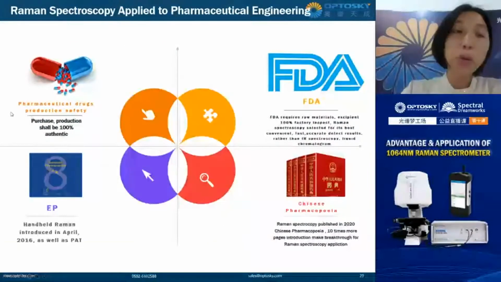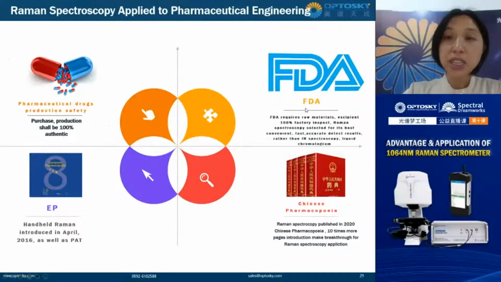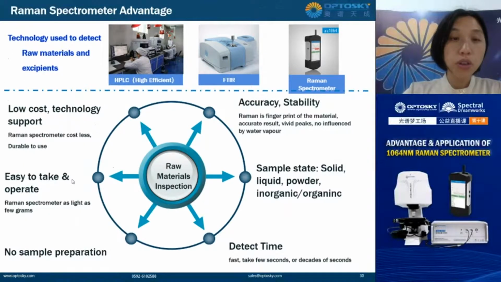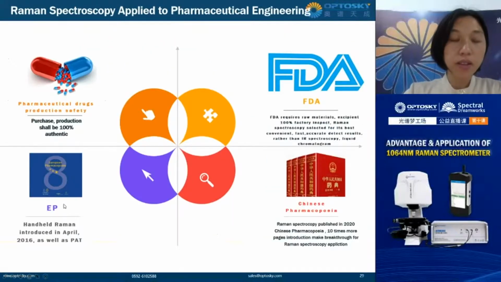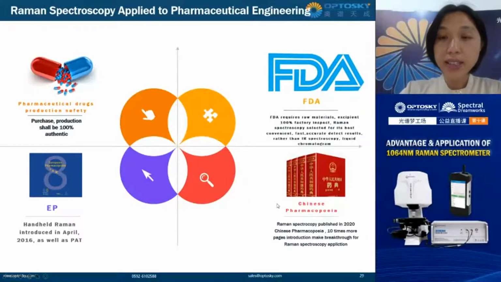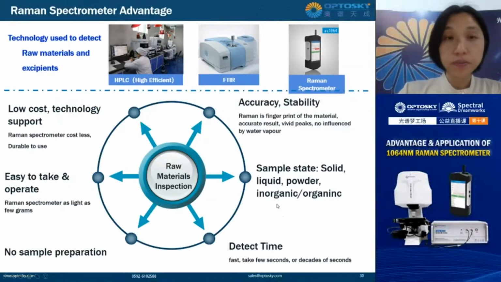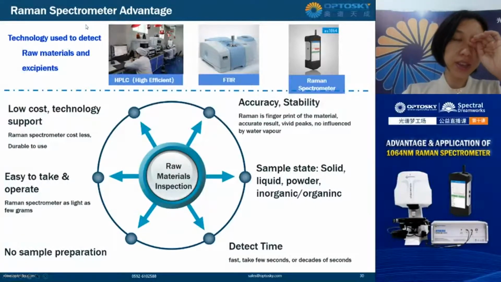And we also have Raman spectroscopy applied to pharmaceutical engineering. For pharmaceutical drug production safety we follow the FDA, and also the European Pharmacopoeia and the Chinese Pharmacopoeia. And these are all Raman spectrometer advantages.